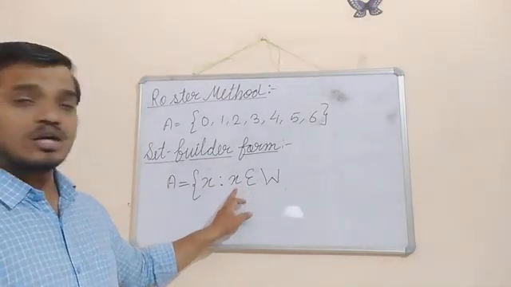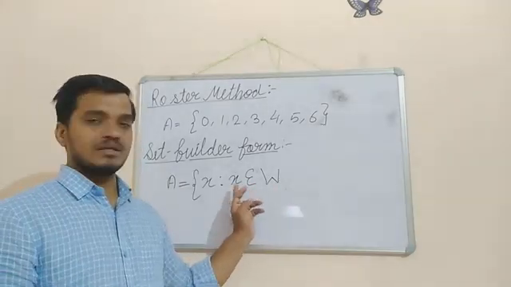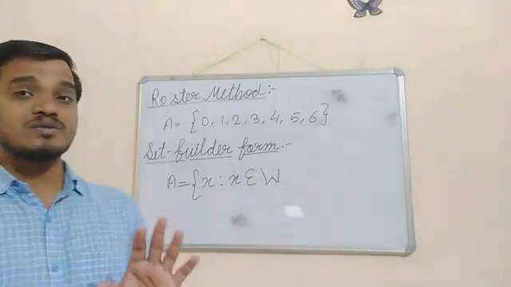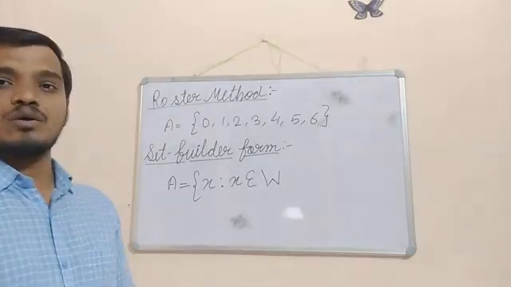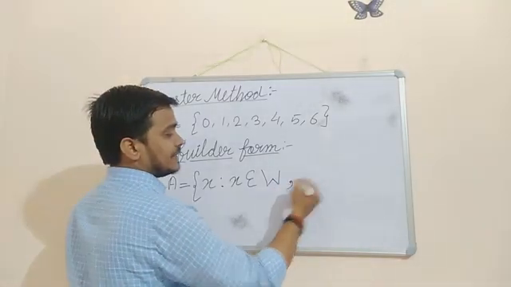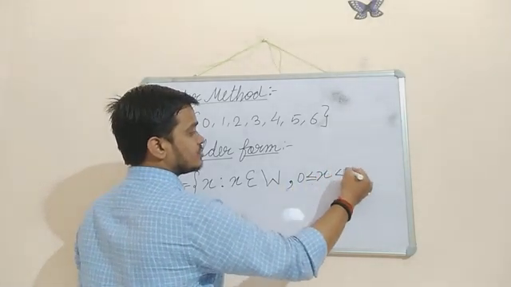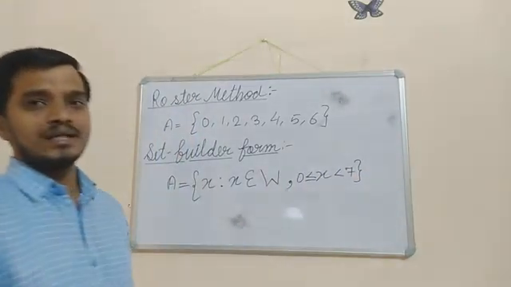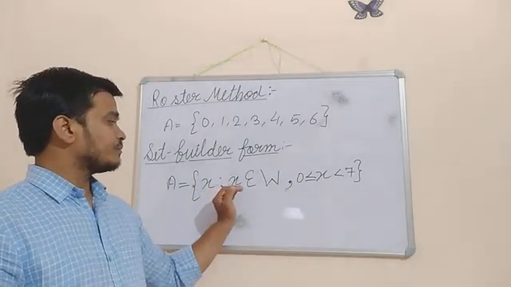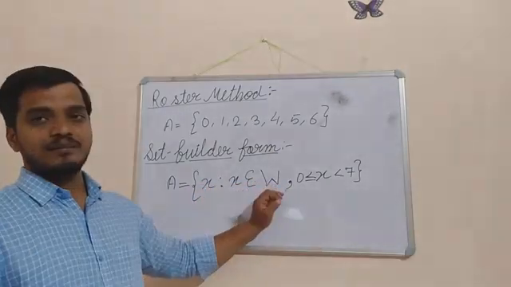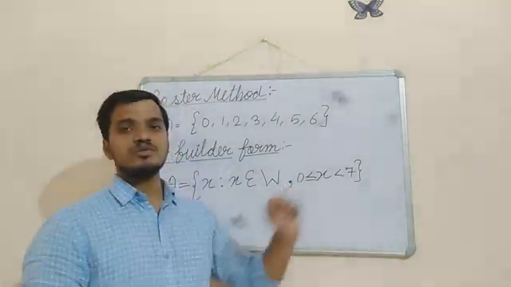Belongs to means the nature of X is a whole number, and the criteria for X is greater than or equal to 0 but less than 7. So in one line you can define: X such that X belongs to W, meaning whole number, and X is greater than or equal to 0 but less than 7.